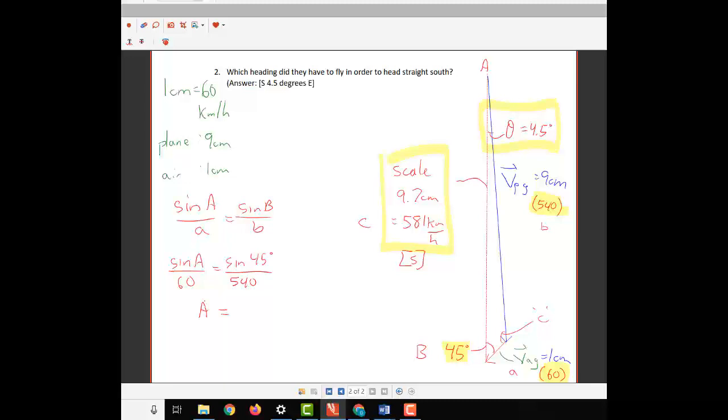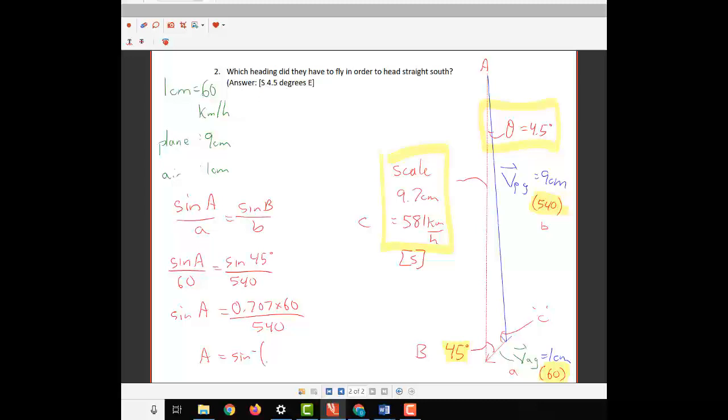So if we punch that into our calculator, sine of 45 degrees is 0.707 times 60 divided by 540. Remember, because the 60 comes up top, just multiply both sides by 60. And so if we're going to find A, it is going to be the inverse sine of everything that's inside this box.